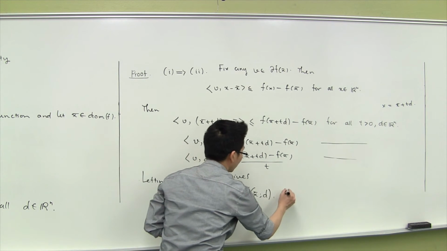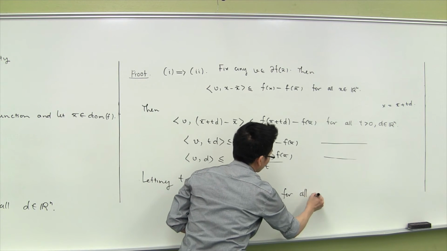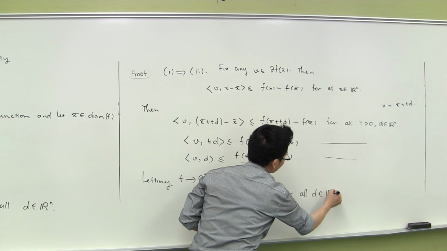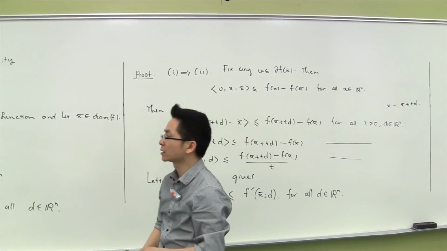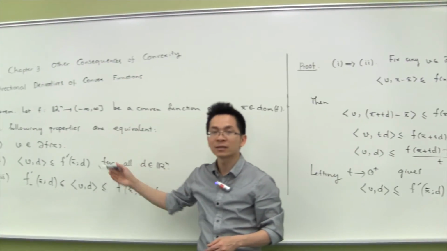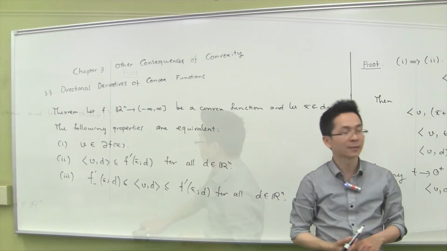And this is true for all d in Rn. Okay, so we have completed the proof that the first property implies the second property.